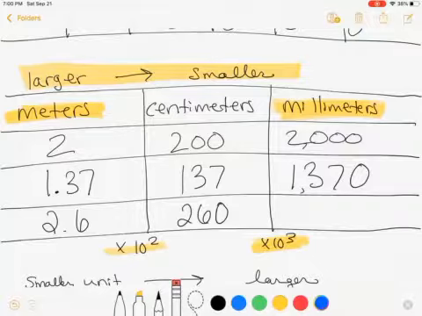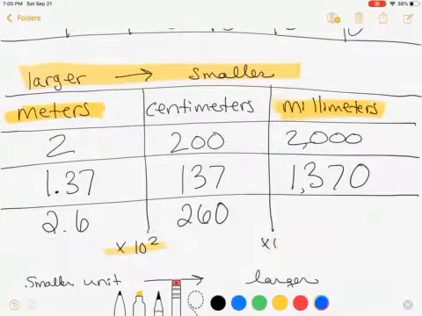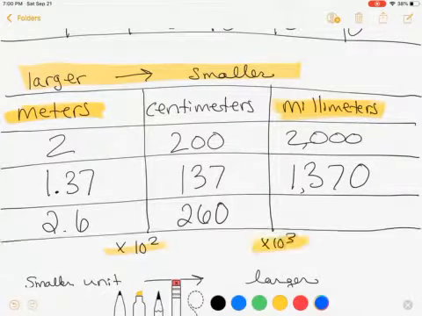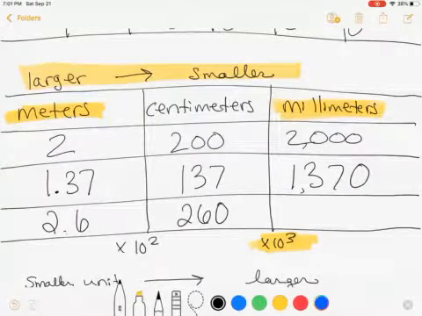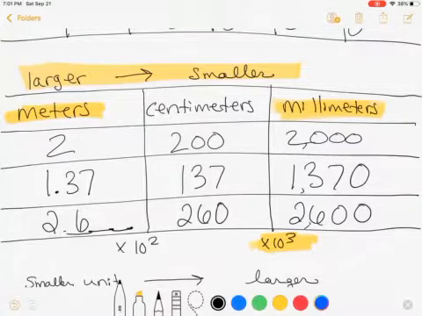And when we're renaming meters to millimeters, we need to move over 3 times. 2 6/10 times 10 to the third. We're going to move that 1, 2, 3. So that's 2,600 millimeters.